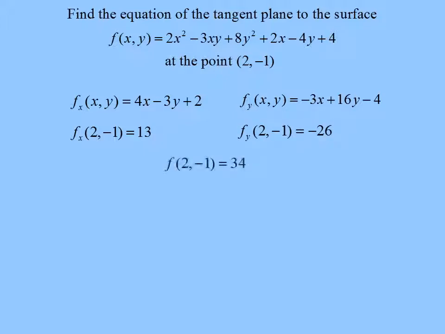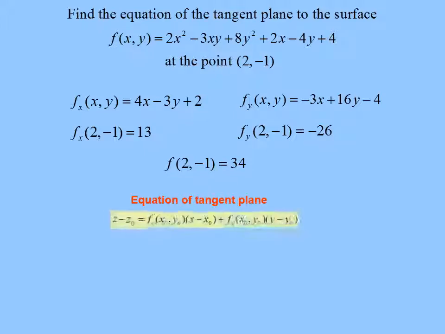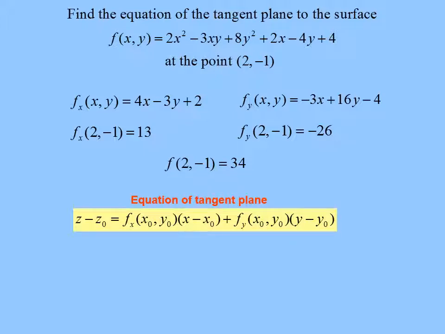We use our formula for the equation of a tangent plane. Now, the 34 that you see here is nothing more than the z value. So z naught is 34. So we plug all of those in, and here's our equation of the tangent plane. And we can simplify that.